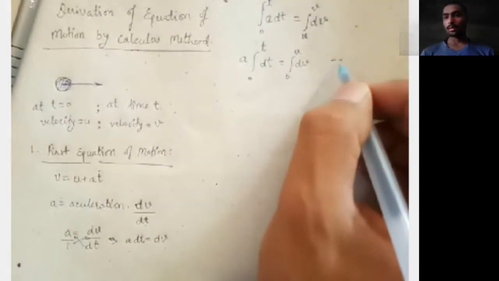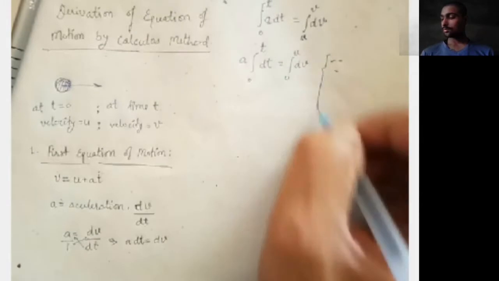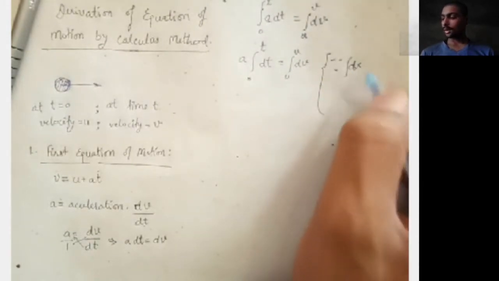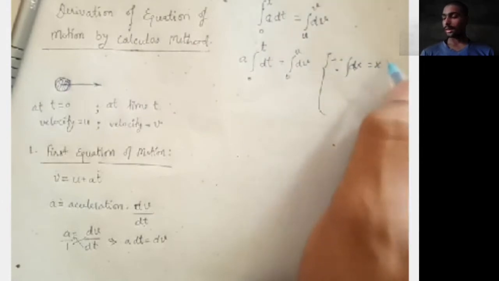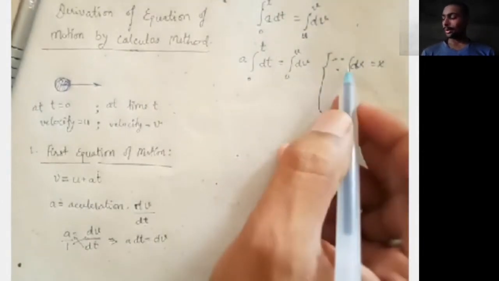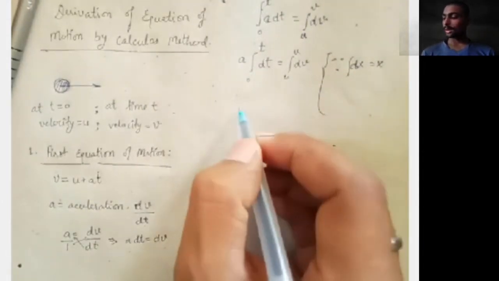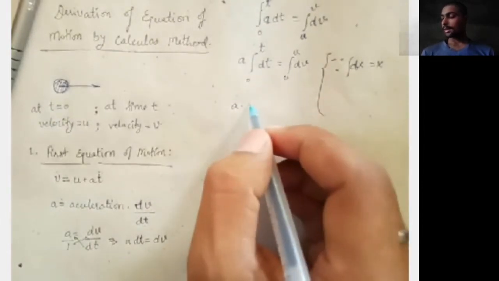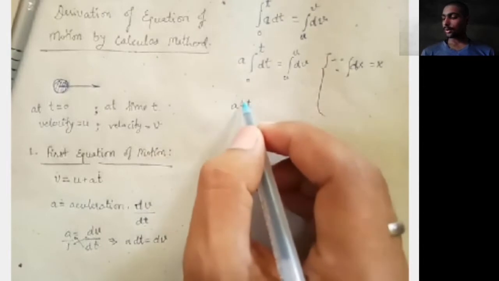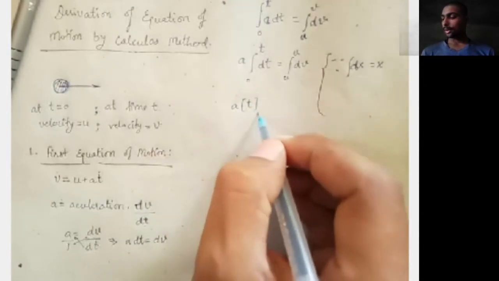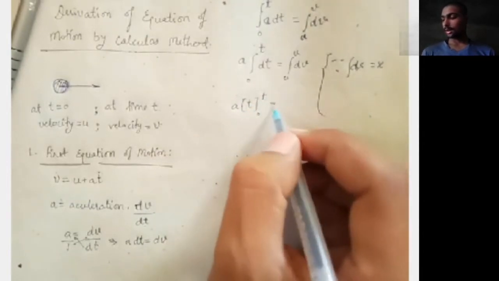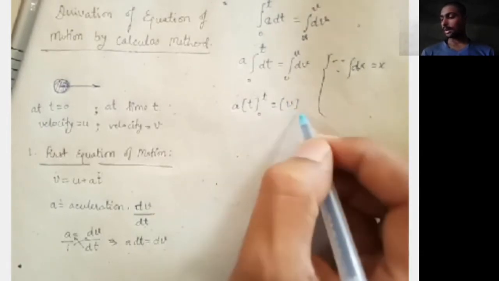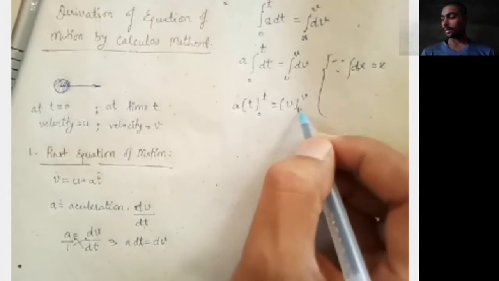Since we know that integration of dx equal to x, we are going to use the same formula here. We will get a times t for dt, and we also put the limit, which is 0 to t. Again here dv is v, limit is from u to v.